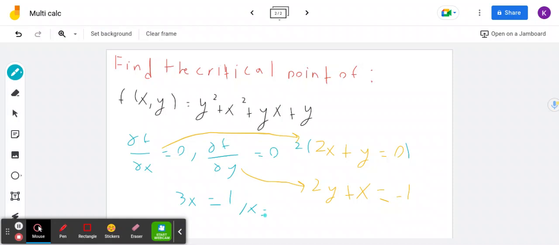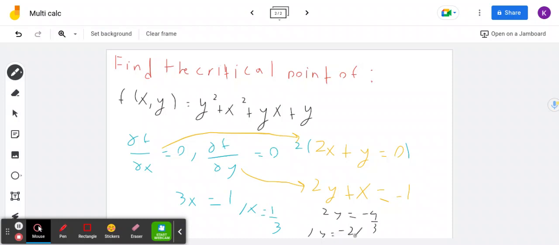Now that we found our x, we can plug it into either of the equations to find the value of y. Let me use maybe black here. If we plug into this equation, we get 2y plus 1/3 is equal to negative 1, so 2y is equal to negative 4/3. As a result, y is equal to negative 4/6, or negative 2/3.